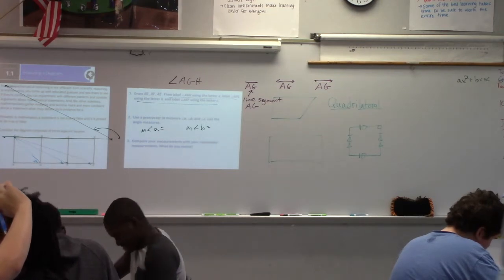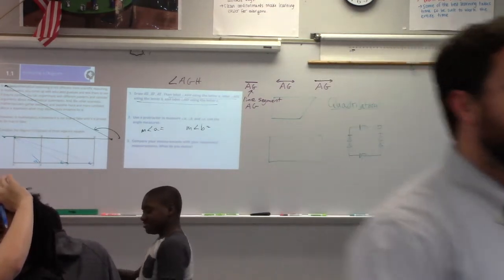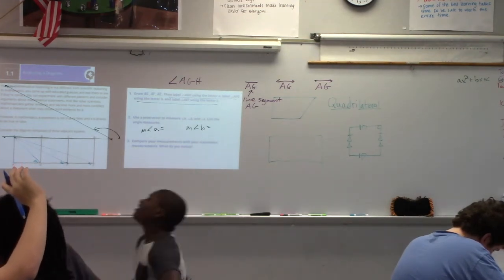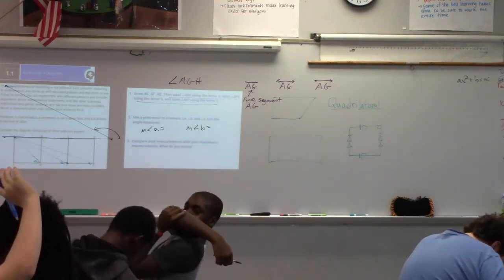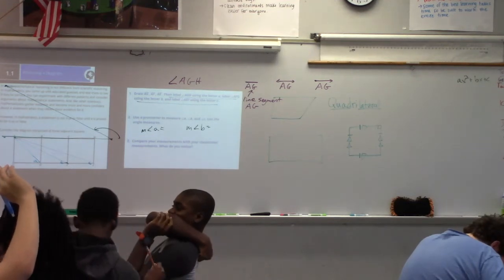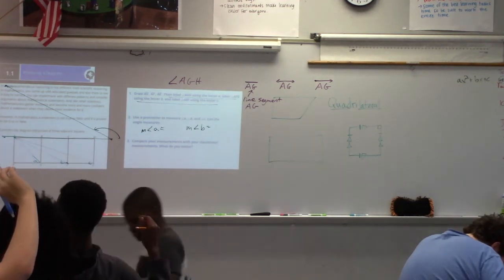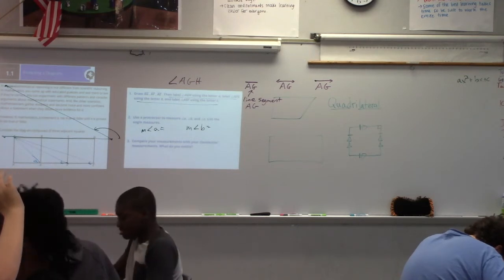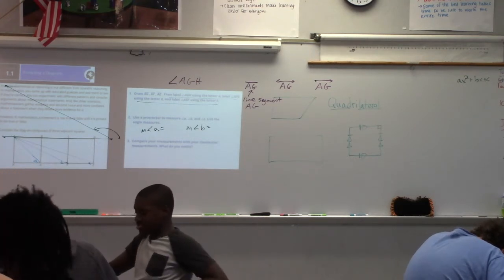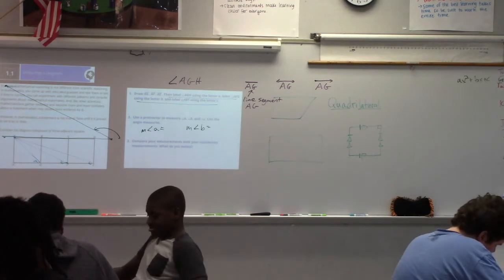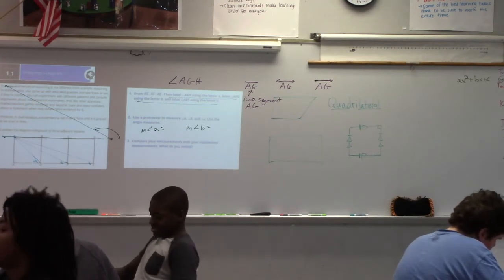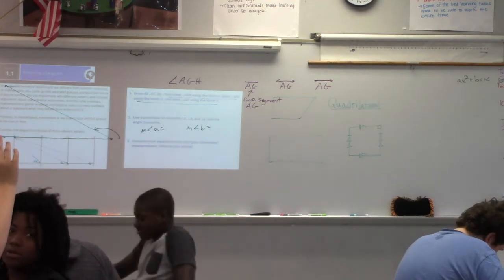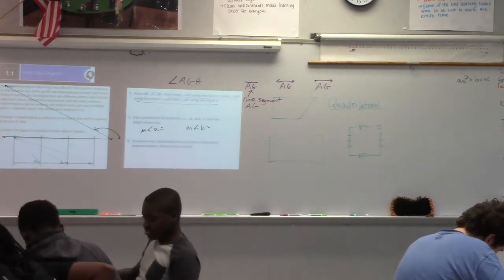I'm going to try to find some more. Guys, I thought I had more protractors. I do not. Share if you do not have enough at your group, but work with each other.